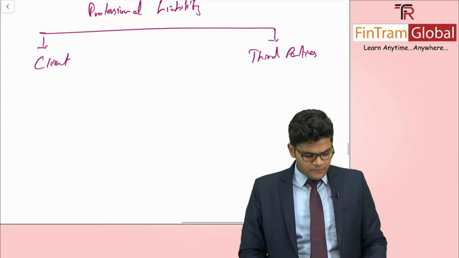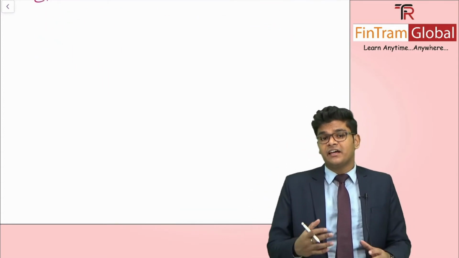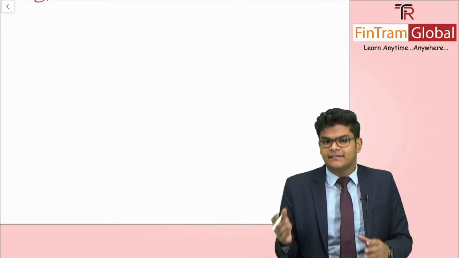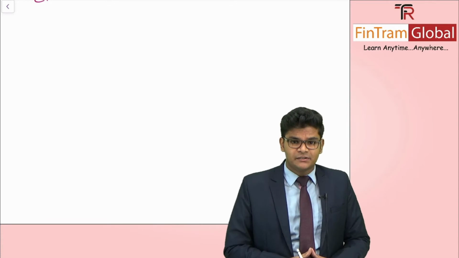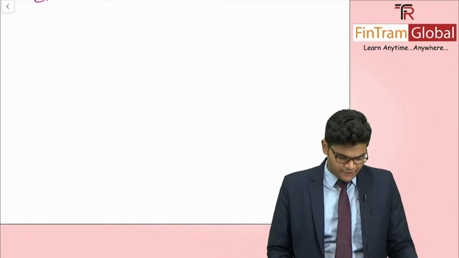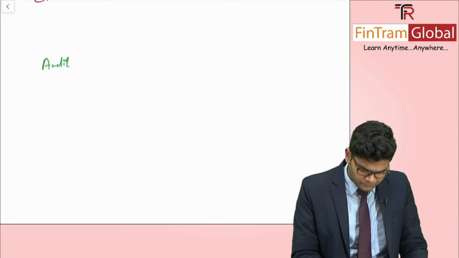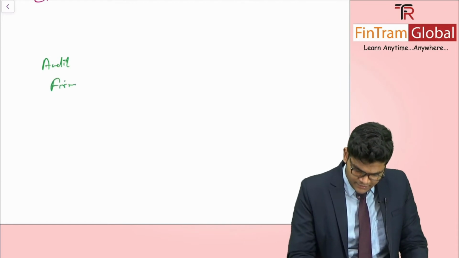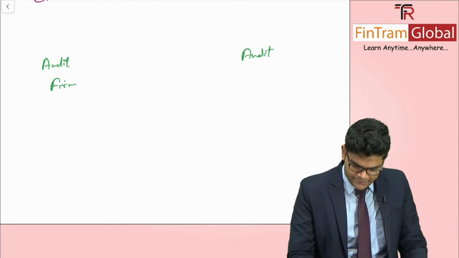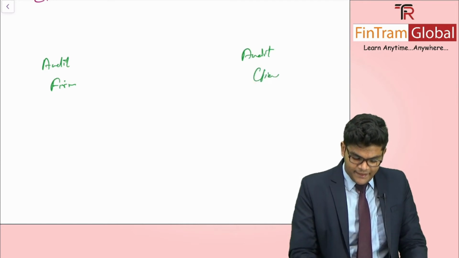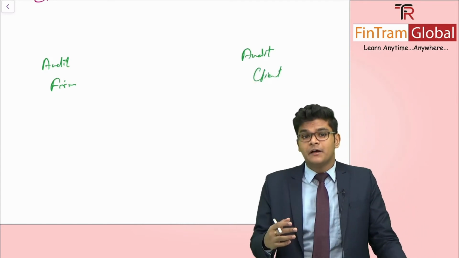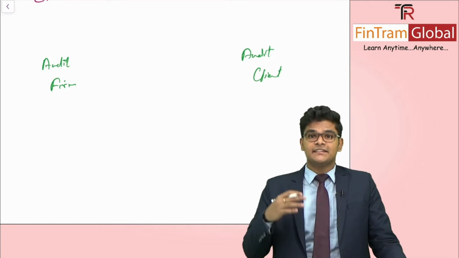So first of all, when does a professional liability arise towards the client? Now, I want you to consider the audit process here. What exactly are we doing in an audit? We have two parties here, that is basically the audit firm as well as the audit client, isn't it? And then we know that the audit firm must provide an opinion on the financial statements of the audit client.